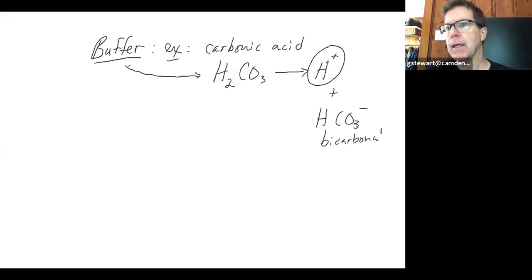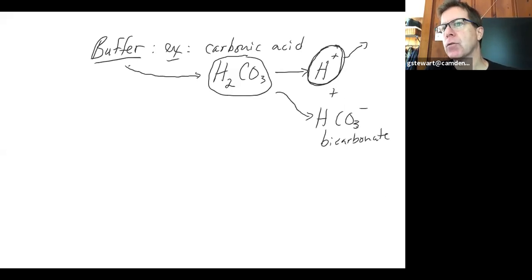So the reason we call carbonic acid a buffer is because it can break apart to make an environment slightly more acidic, or it can break apart to produce these bicarbonate ions that grab free hydrogen ions away from the environment.